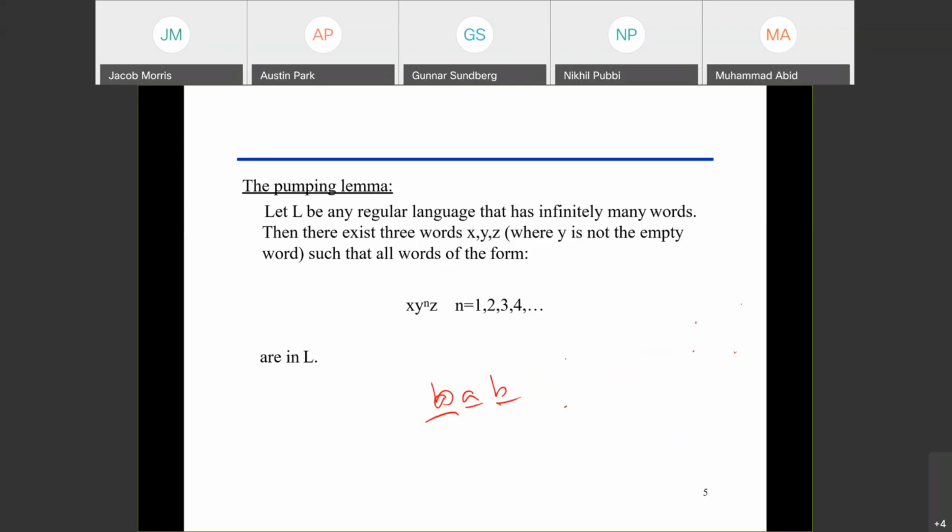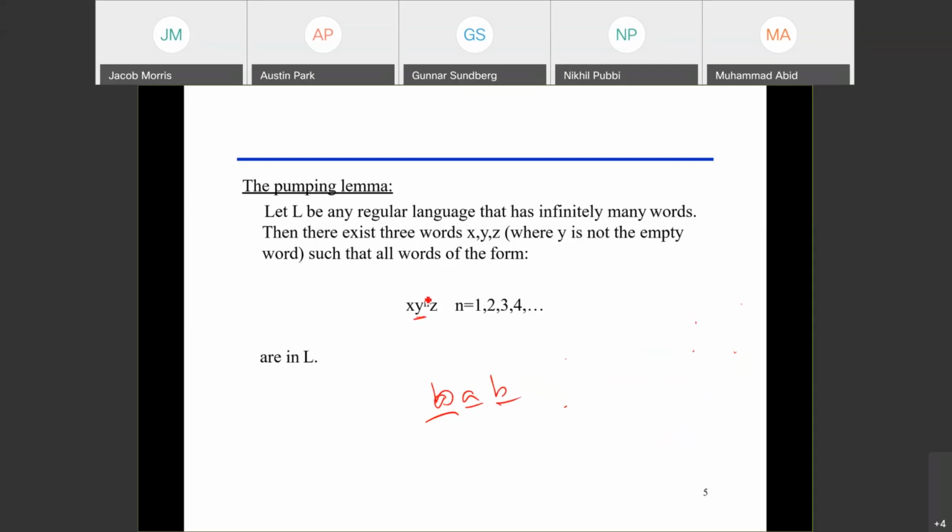There might be more than one loop in my language, but I just need to find one loop, and I guess this is at this position Y. There is a loop here. So now I'm saying that my loop is at this position, which is Y, and it's raised to the power n.